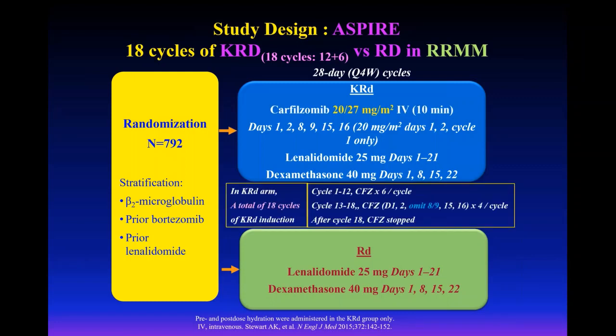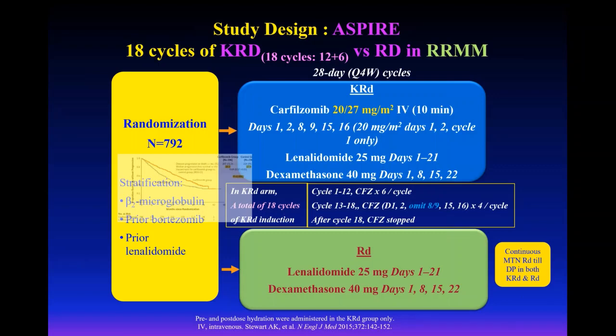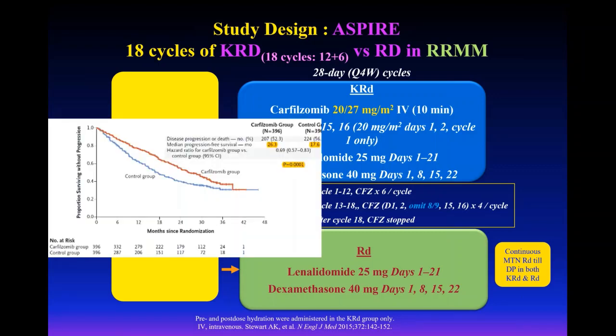After the 18 cycles of carfilzomib, the patient will receive maintenance RD in both arms until disease progression. With that, you can see that the progression-free survival is very much superior in the intervention arm, 27 versus 17 months. And recently they reported the overall survival.